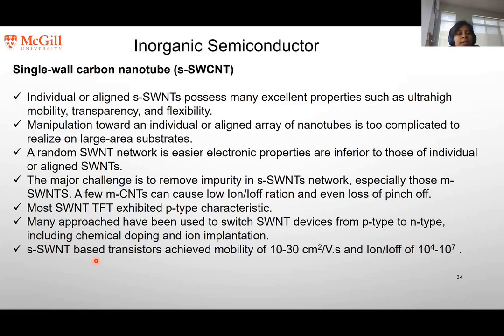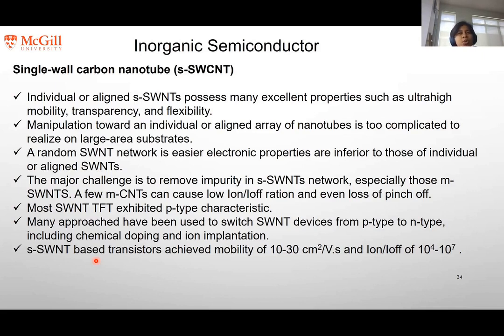The problem with using individual or aligned arrays of single wall carbon nanotubes is they're too complicated to do on a large scale, so they're not very suitable for large area fabrication. So what people mostly go for is a random network of single wall carbon nanotubes, because it's easier to form and you don't have to manipulate individual carbon nanotubes.